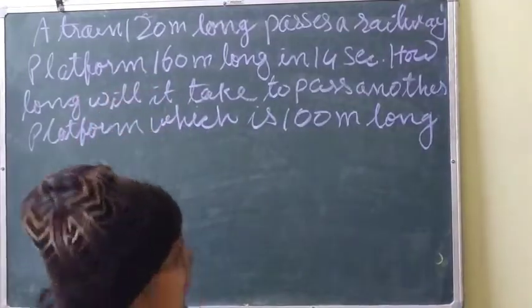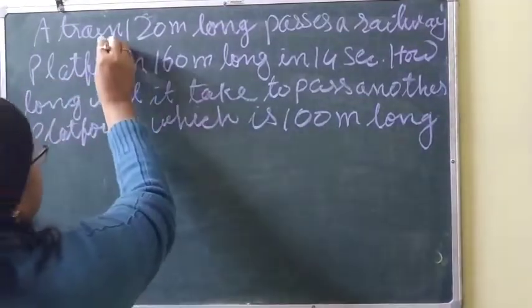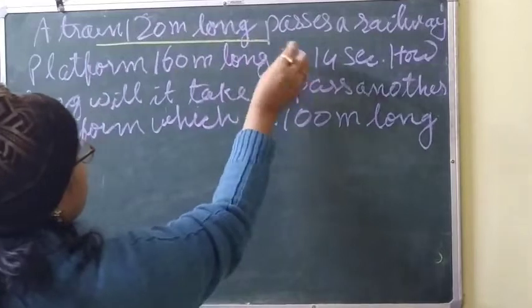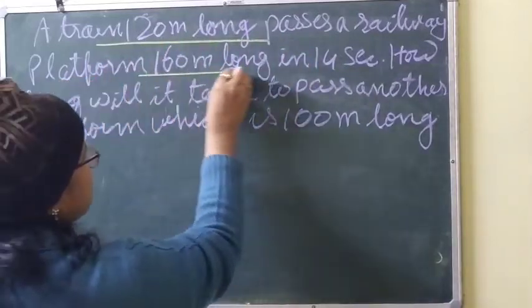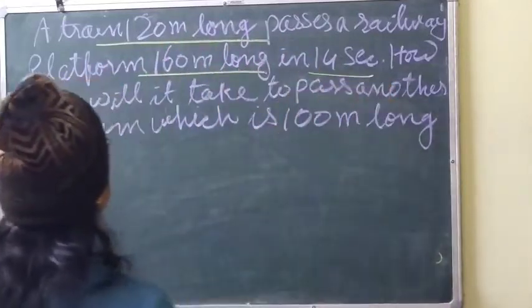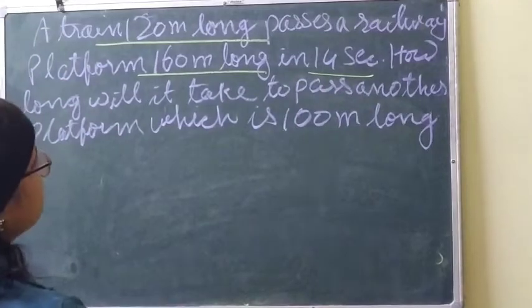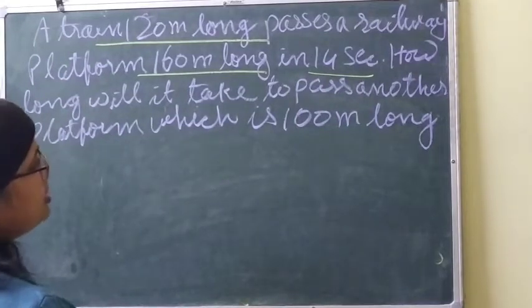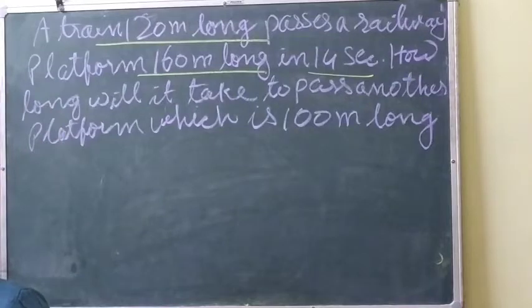Okay. So here the question is, a train 120-meter long passes a railway platform 160-meter long in 14 seconds. How long will it take to pass another platform which is 100-meter long?